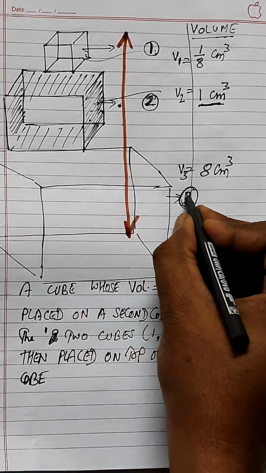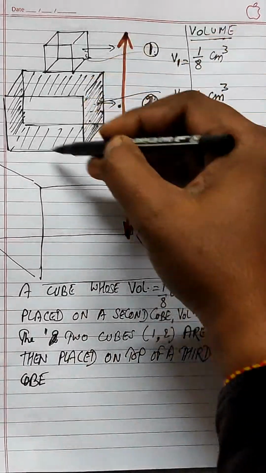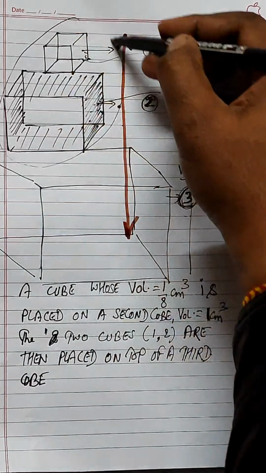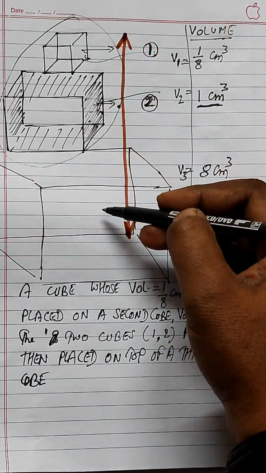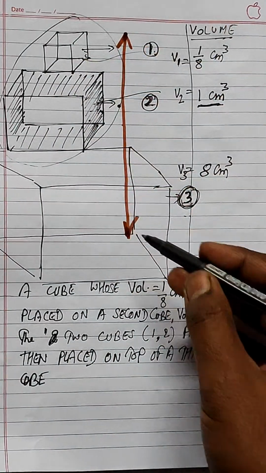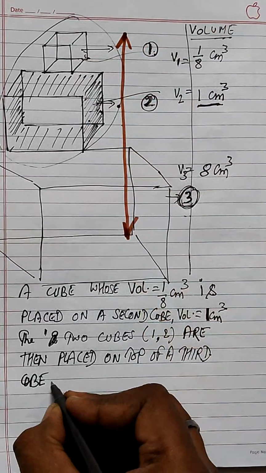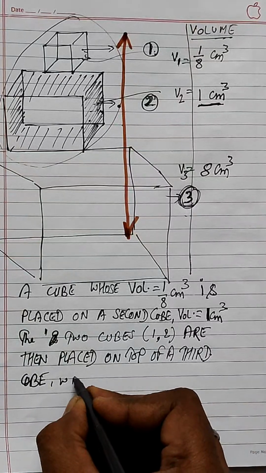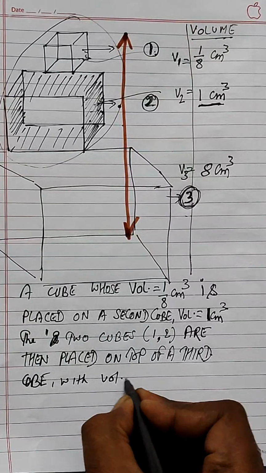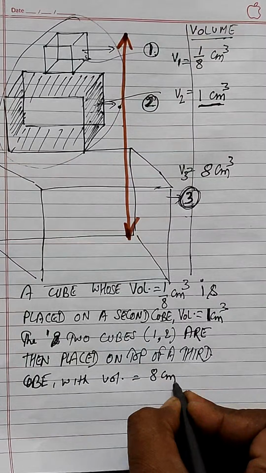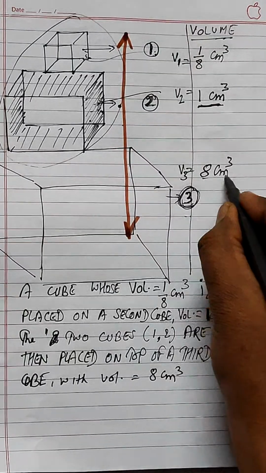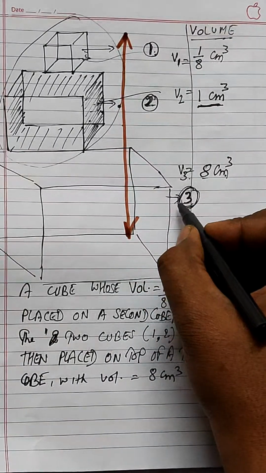So this is the third cube. This arrangement is kept on the third cube. This is the third cube, right? We need to find third cube, and the volume of the third cube is given as 8 centimeter cube. So this is the 8 centimeter cube, which is the volume of the third cube, right?